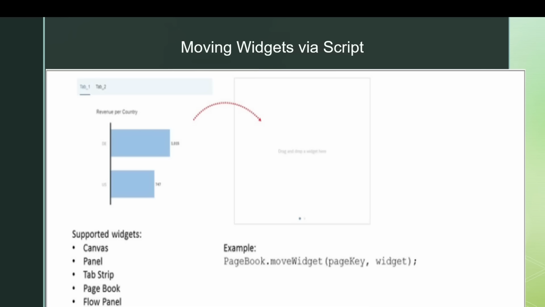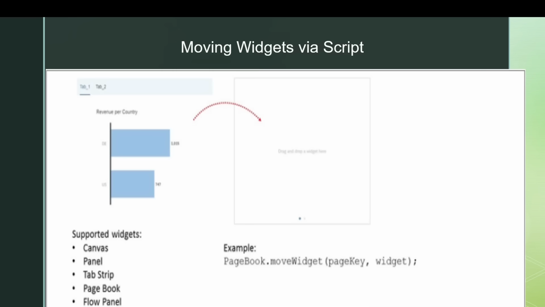In this example, pagebook dot move widget is the command, the script which we will write to move a widget into the pagebook object. So let's move on. We will explore and do each and everything via exercise in this video.